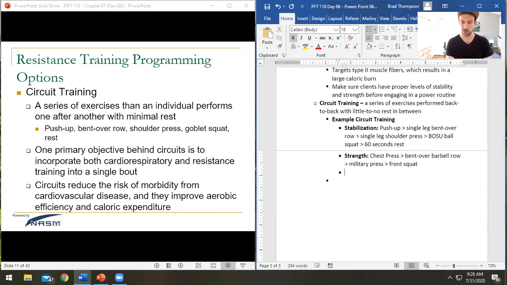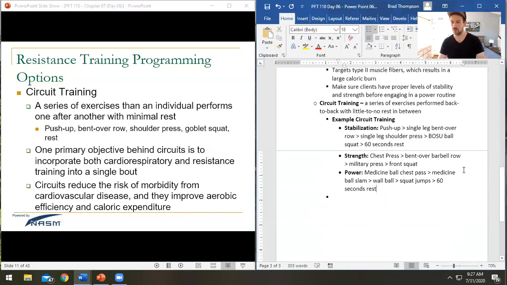And then we'll do a power one. And that's going to be medicine ball chest pass, wall ball, followed by squat jumps. 60 seconds rest. And there we go.